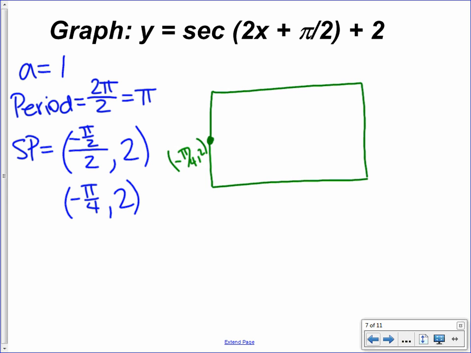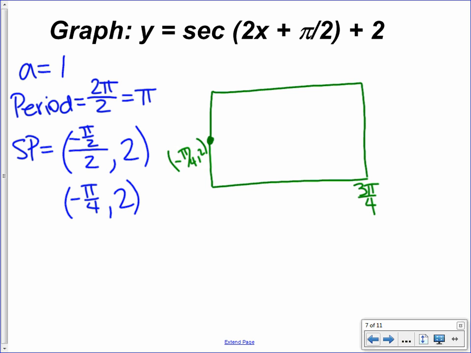If we begin at negative pi over 4 and our period is pi, where do we stop? Not quite. 3 pi over 4. Because we're adding 1 pi to negative pi over 4.